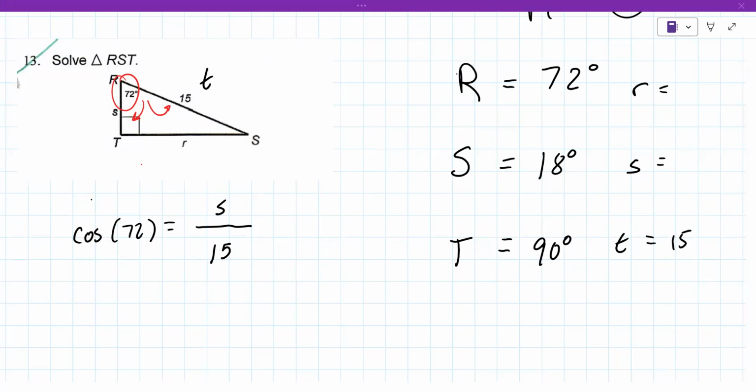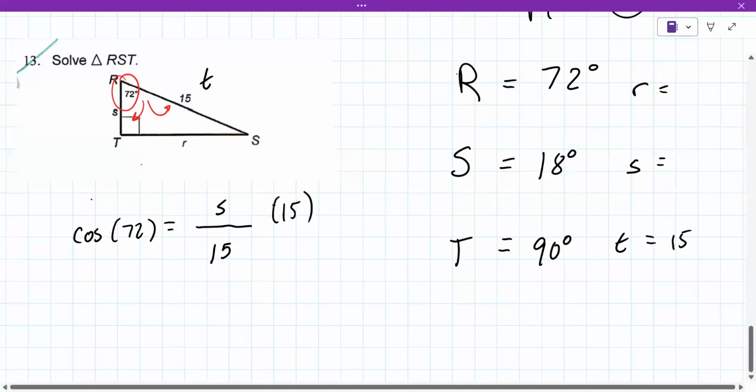How do you solve this, how do you get rid of that 15 in the bottom? You multiply by 15 on both sides? Yep, that's correct.